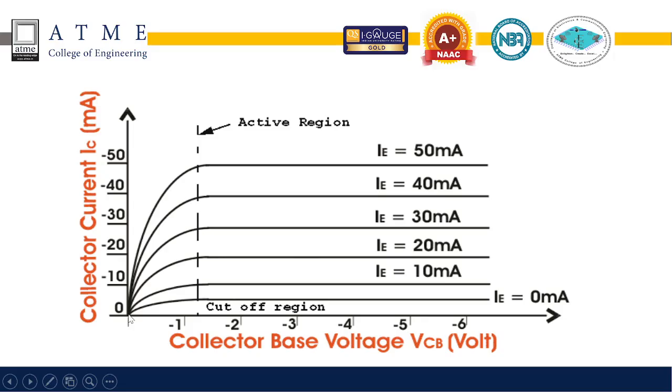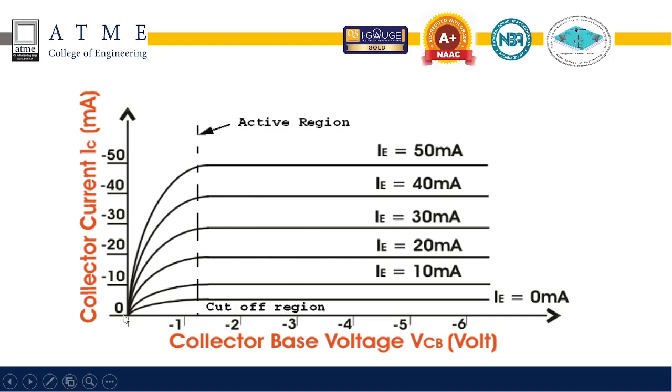Here we can observe that for different values of IE current, when we vary common base voltage, we will be getting this graph at each level wherein there is a slight increase. This increase area is called the active region, and before the active region there is a region where there is no increase, where there is no flow of current, that is the cutoff region.